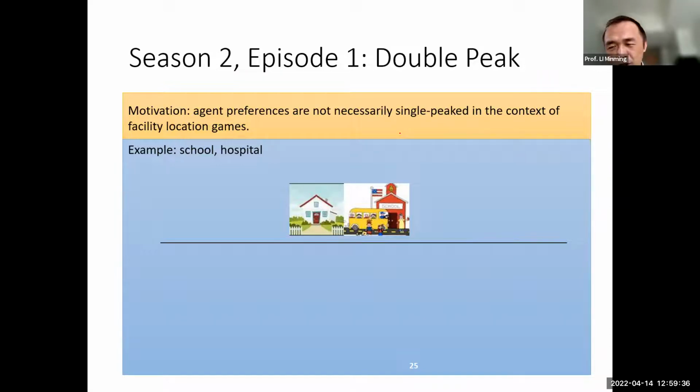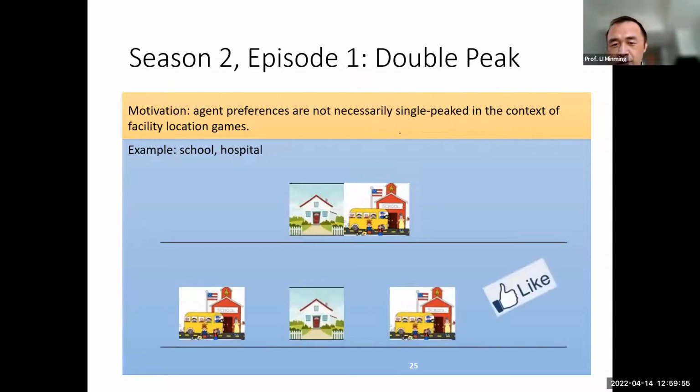If it's too close, many patients will pass by your house, and you have a higher risk of being infected by viruses. So you want the hospital to be close, but not too close. Therefore, there are 2 sweet points on either side of your house if your house is on the street.